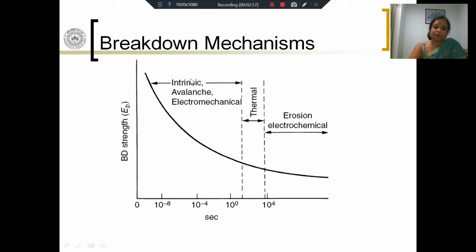At the outset, the breakdown strength may be very high, whereas as time progresses, the same material may have considerably lower breakdown strengths.